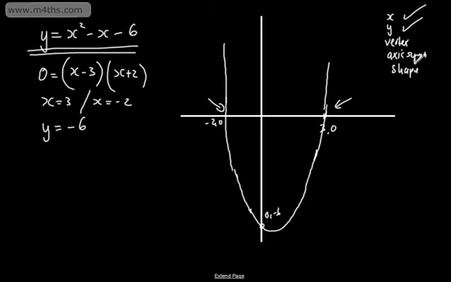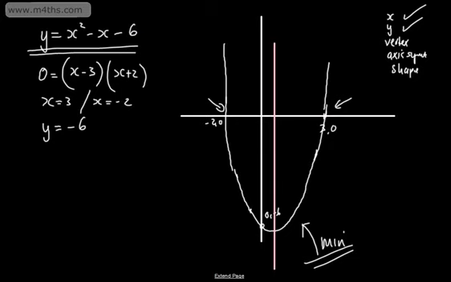Okay, now the vertex, that is going to be this minimum point here. When we've got this factored, all we need to do is find the distance between the two solutions and halve it. The distance is 5, that's 2.5, so I'm simply going to subtract 2.5 from 3. At this stage, I'm going to put this on, and let's just change the colour, let's go for that one, there we go, that looks a bit better.